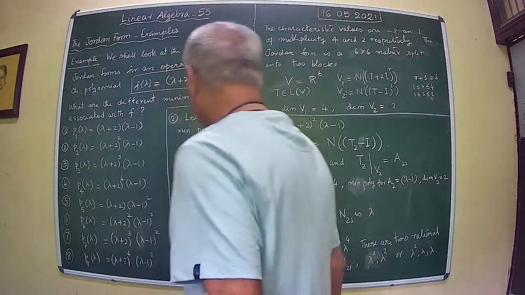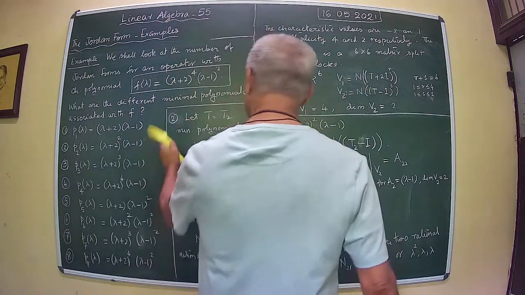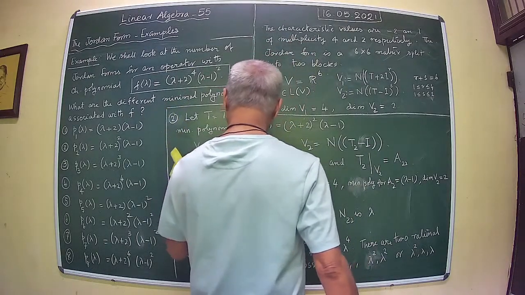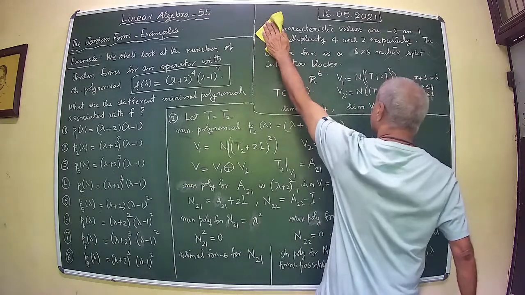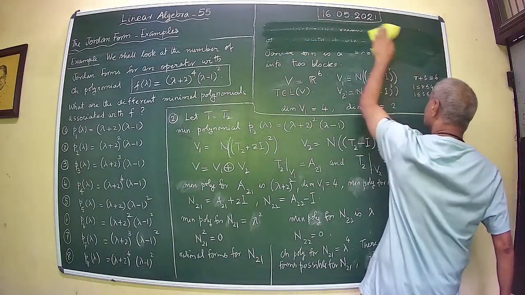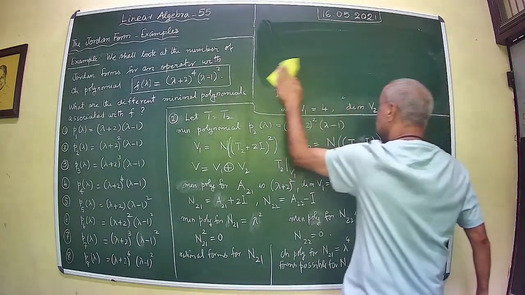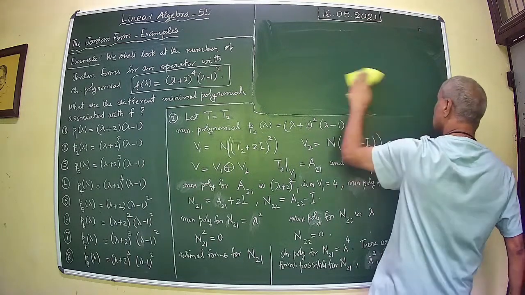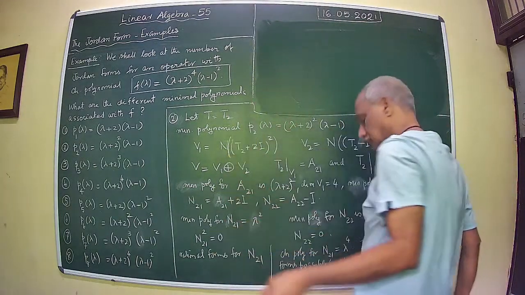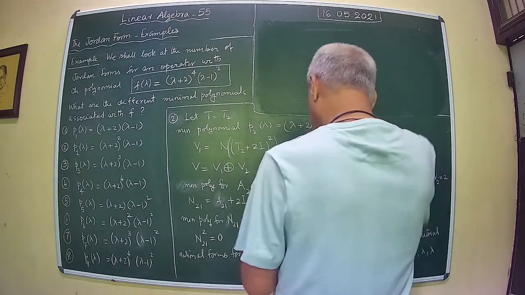So that gives, so I take out this. Therefore, there are two Jordan forms possible.